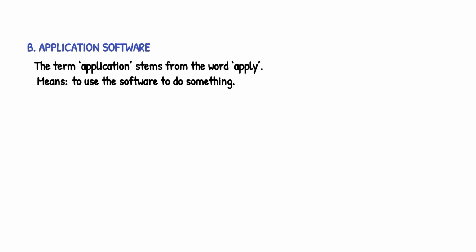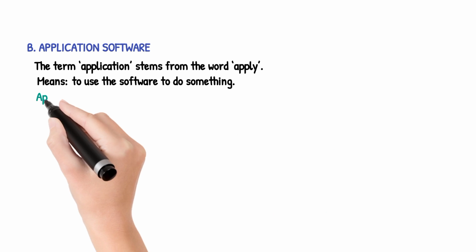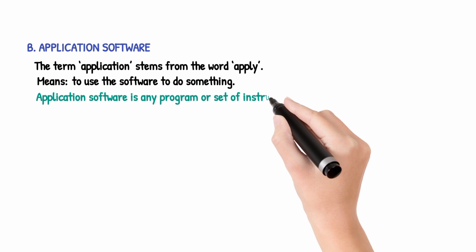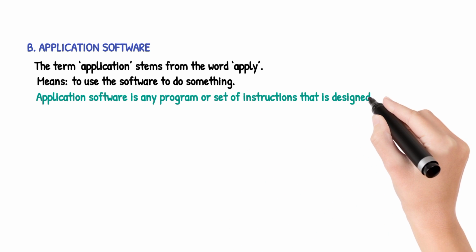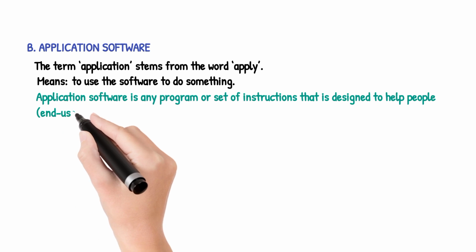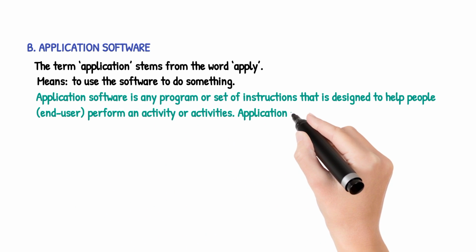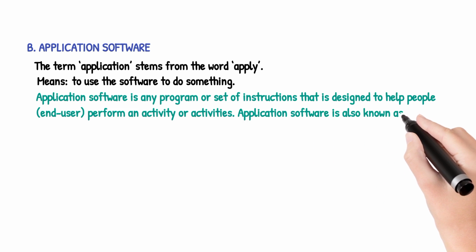So when we say application software, we are referring to the fact that we are using the software to do something or to perform something. An application software is any program or set of instructions that is designed to help people, or rather end users, to perform an activity or activities.